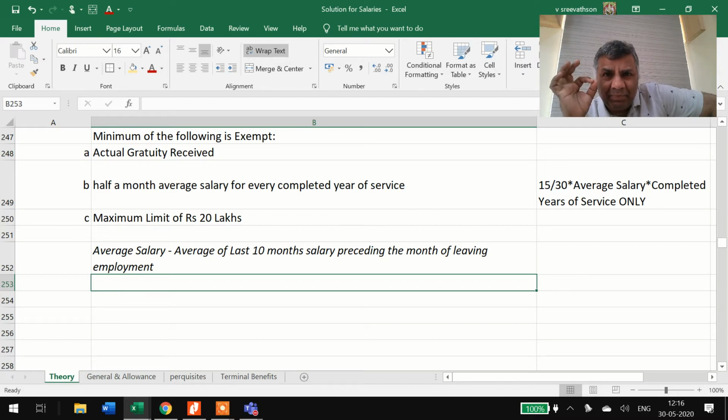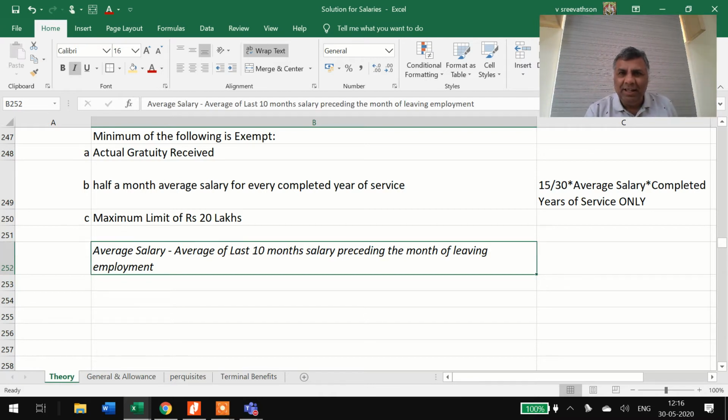Sir, a person leaves employment, let us take on August 10th. To compute average salary, I will leave August. The law says preceding the month of leaving.